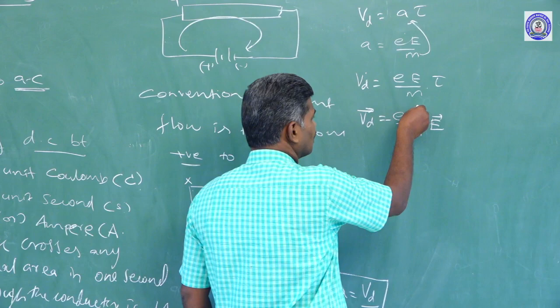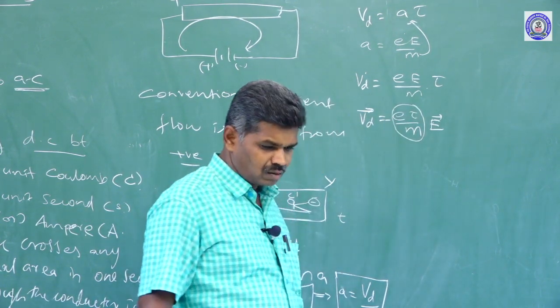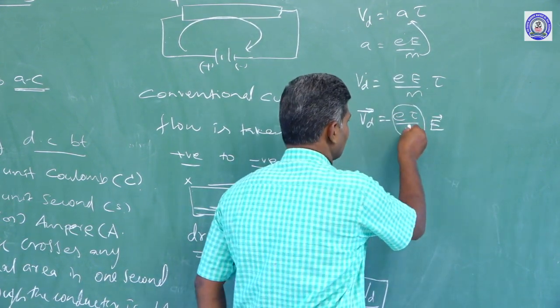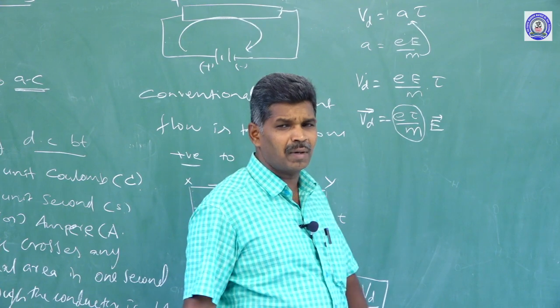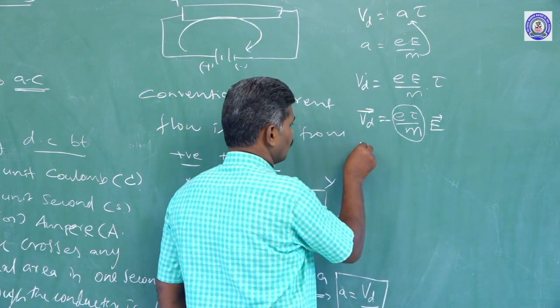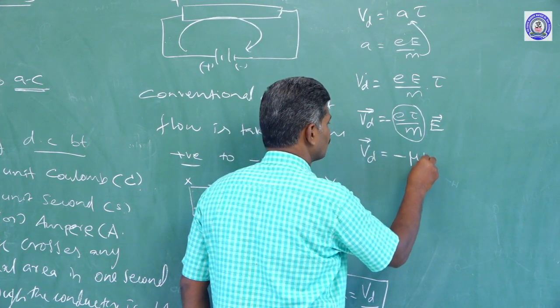This eτ by m is constant at a given temperature, and it is represented by one symbol, mu, that is the mobility. Vd vector is equal to minus mu into E vector.